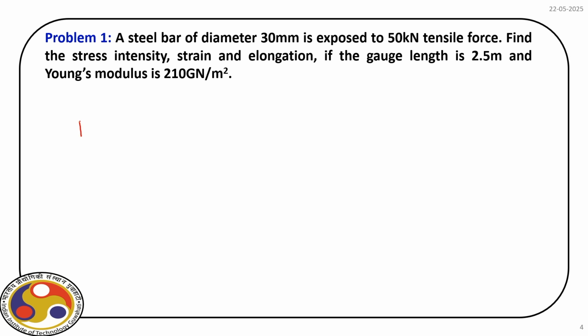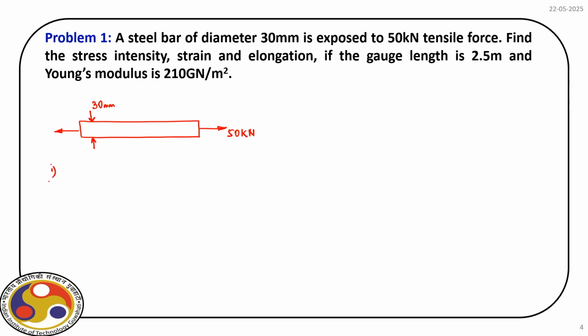So, we have a bar and we apply a tensile force of 50 kilonewton. The diameter of the bar is 30 millimeter. Then the problem says find the stress intensity.